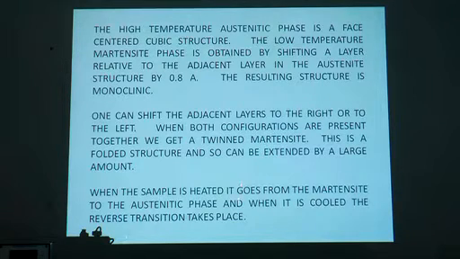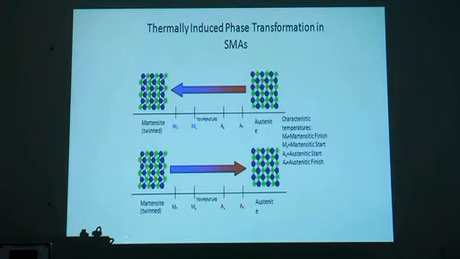When the sample is heated, it goes from the martensite to the austenite phase, and when it is cooled, the reverse transition takes place. This is a sluggish transition because it involves the cooperative movement of a large number of atoms.